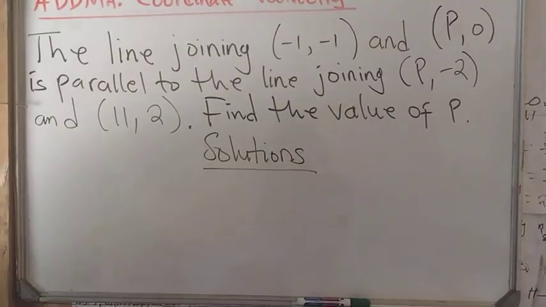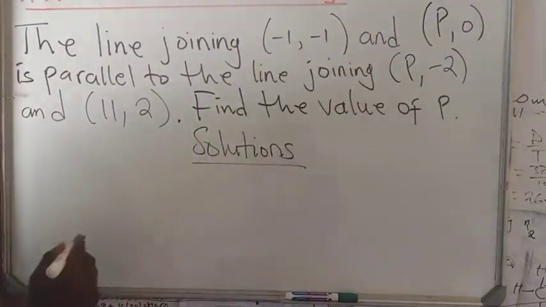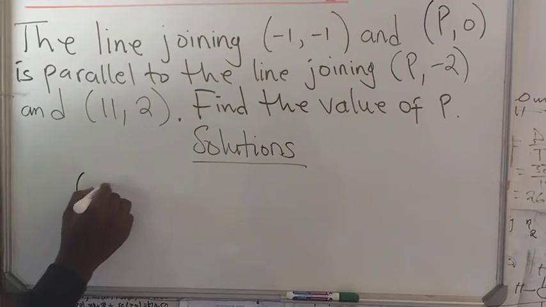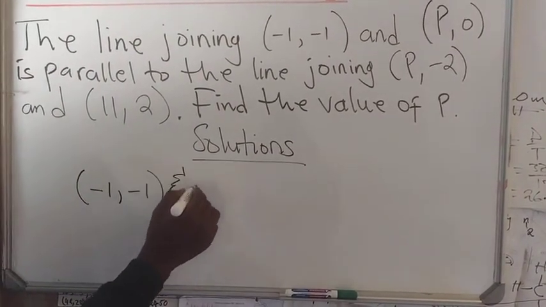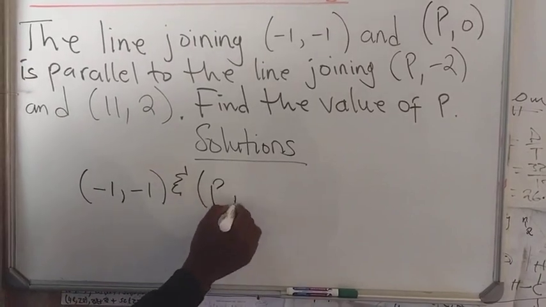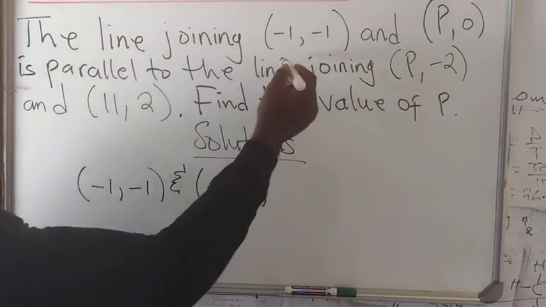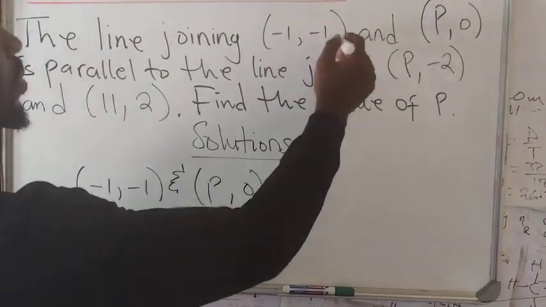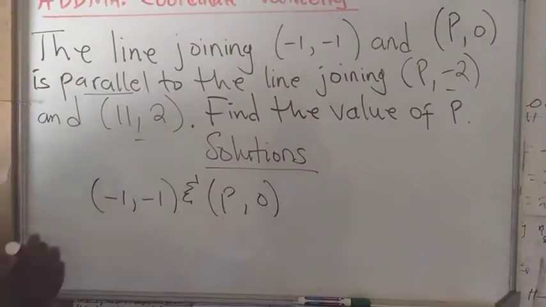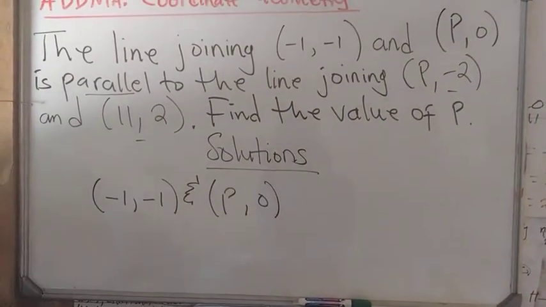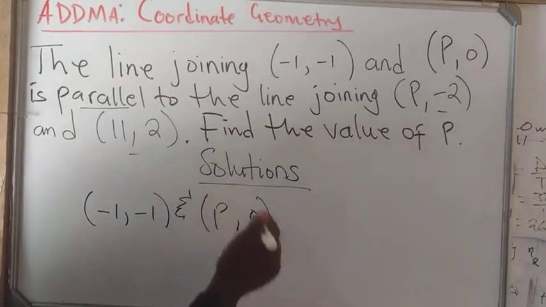To find the value of p, first you have to write the coordinates that you have been given. The coordinate here is (-1, -1), and you have (p, 0). So they are saying the line joining these two is parallel to the other line.